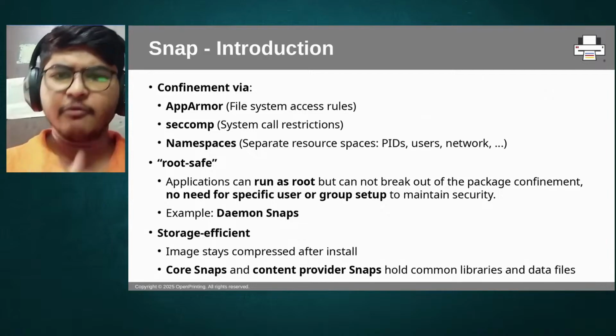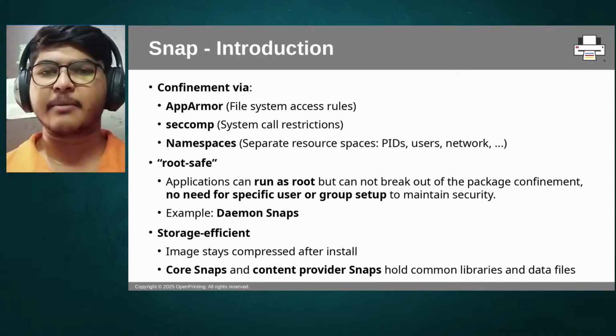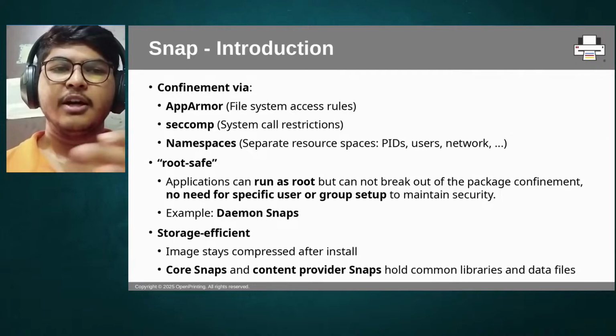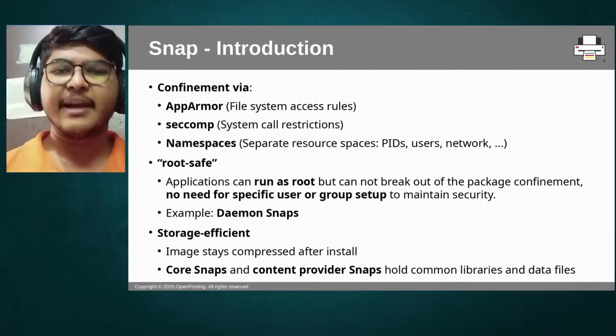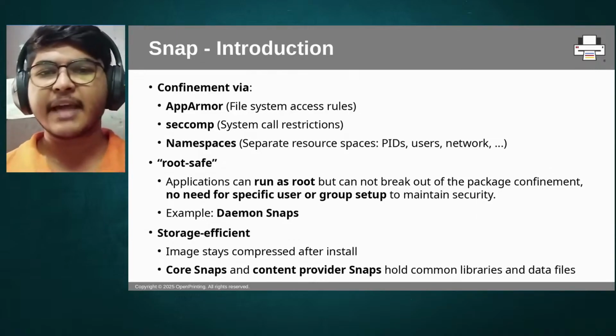For example, as I said before, in my previous example, I talked about the desktop plug that allows snaps to read gconf related files or KDE's theme related files. These permissions are given by AppArmor.